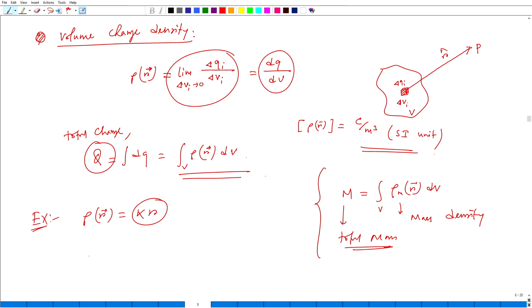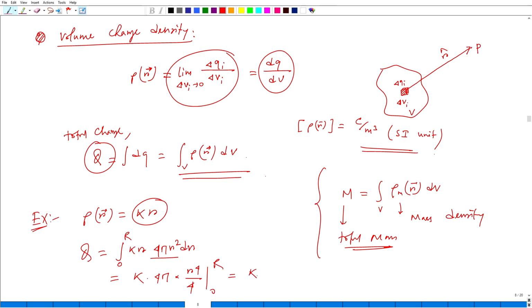Then to calculate Q, we take k r, and dV is 4 pi r squared dr. So, k times 4 pi times r to the power 4 over 4, where we consider a sphere of radius r, integrating from 0 to r.